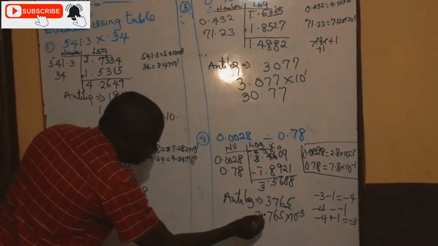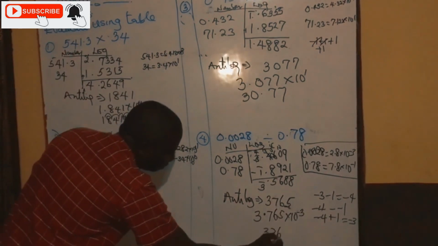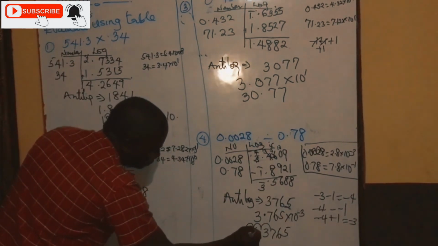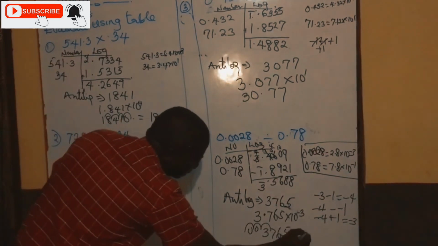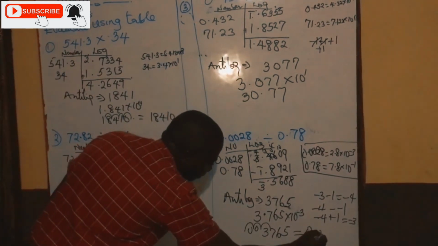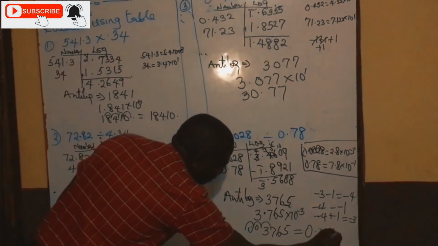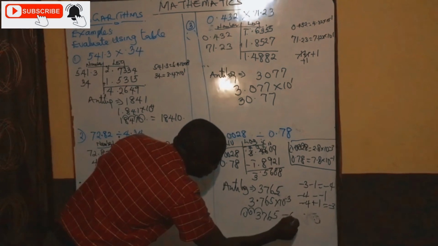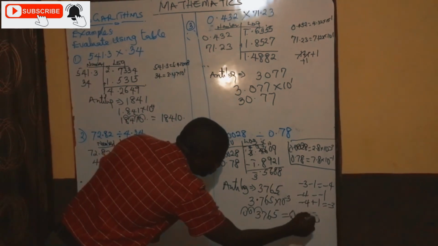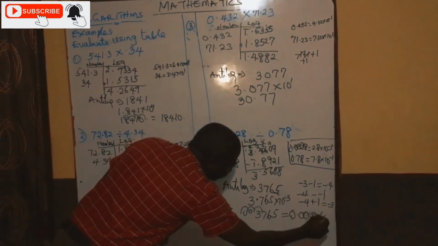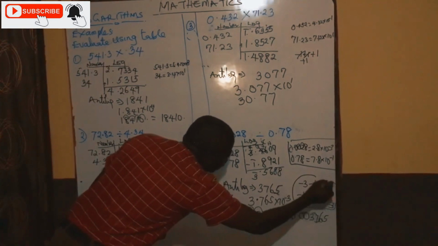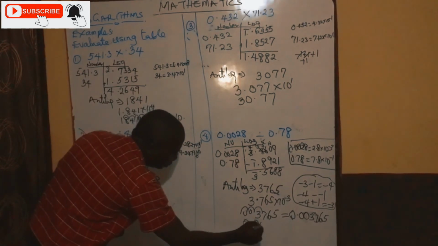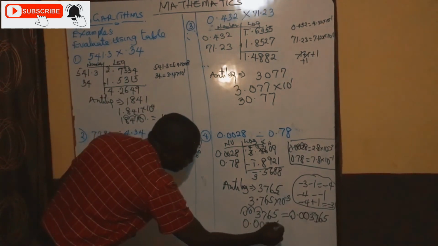So it will now be, the decimal point will be shifted backward. 1, 2, 3. So the answer is 0.003765.